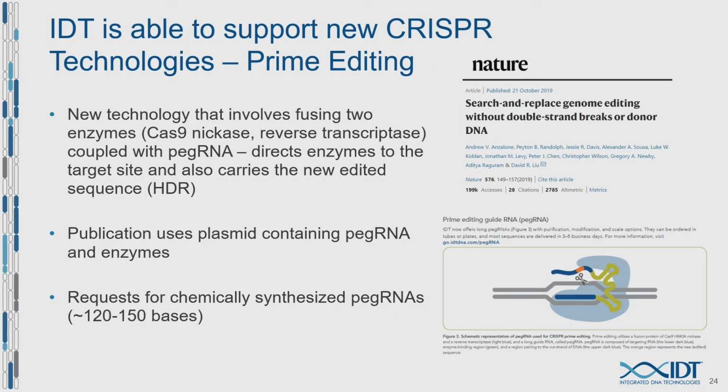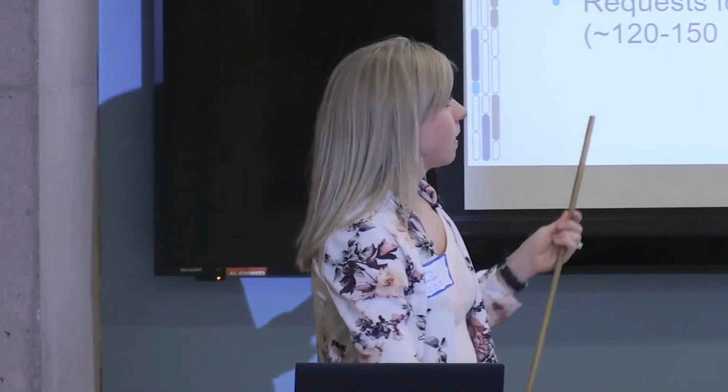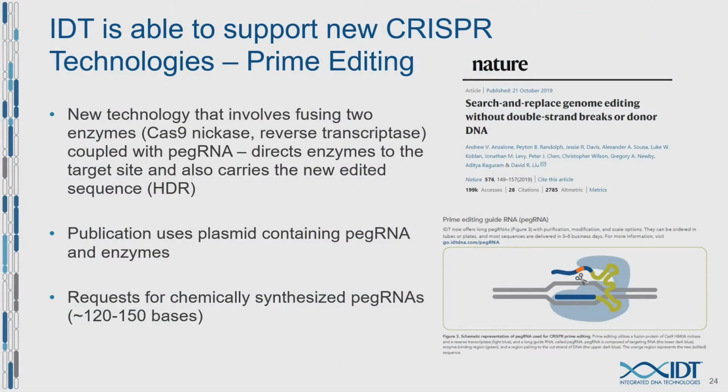And then along the lines of what IDT is able to offer for you, there was a new big publication that came out this fall in Nature, prime editing. I'm not sure if anyone is working on prime editing yet, but this is essentially taking a Cas9 nickase, which is fused to a reverse transcriptase, and then it uses an RNA construct that has the target specific region and then the Cas9 recognition sequence, but now it's got the material that you want to correct.